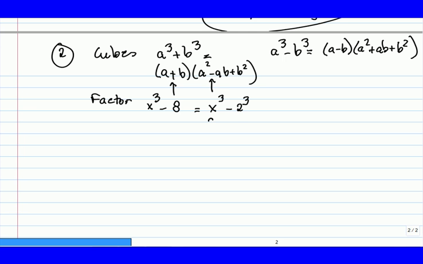Now this is your A, this is your B. Apply the formula. A minus B, which is x minus 2. Then the first term is going to be the first term squared, which is x squared, and since it's minus, it's going to be plus the multiplication, 2x, plus 4.